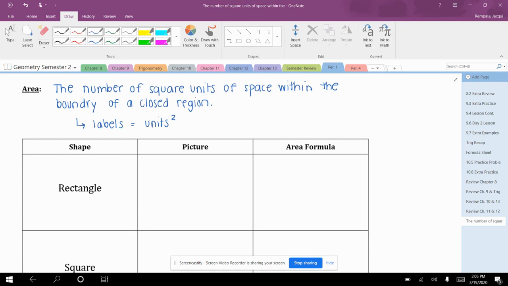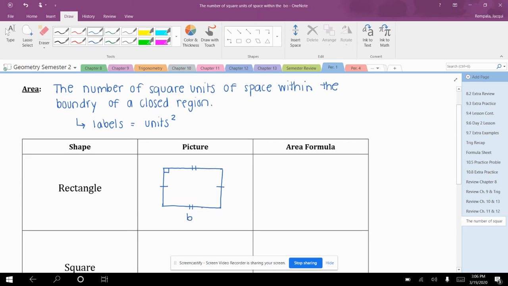All right, if we take a look at a picture of a rectangle, remember a rectangle is four sides where opposite sides are congruent. So these two sides are congruent, these two sides are congruent. The other stipulation is that you have to have at least one right angle. Okay, so when we're talking about a rectangle, we're going to only need to really focus on two out of the four sides.